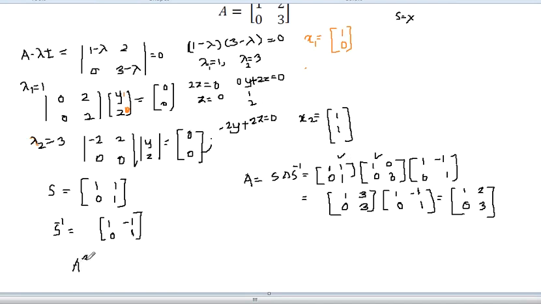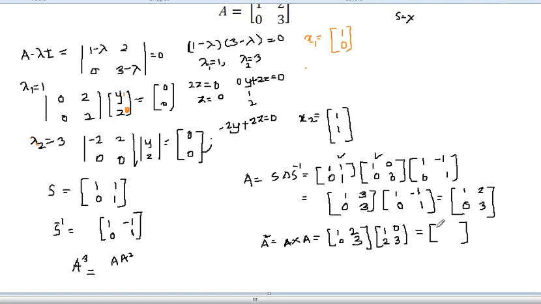A cube is the 3 times multiplication of A, so it is nothing but A into A square. So we need to first find A square and then again multiply it by A. So let's find A square. A square is equal to A into A.